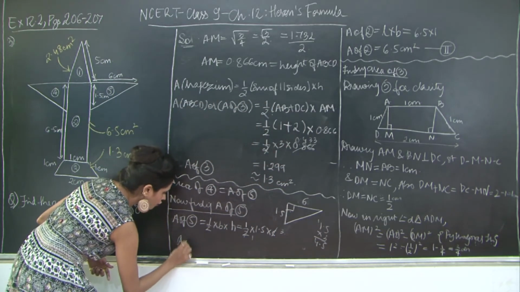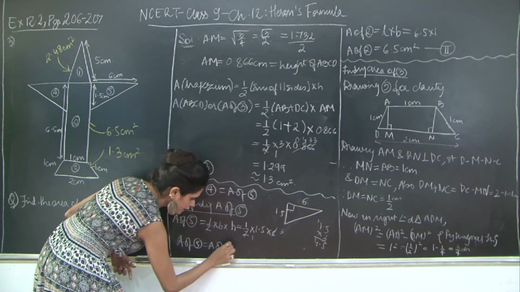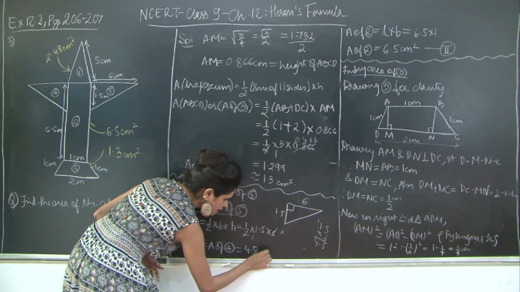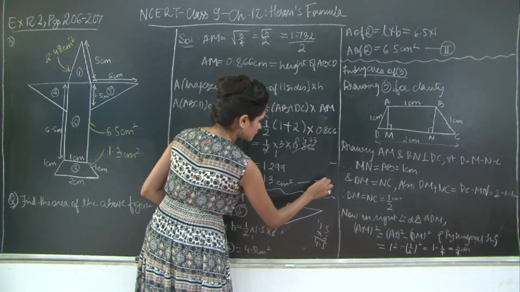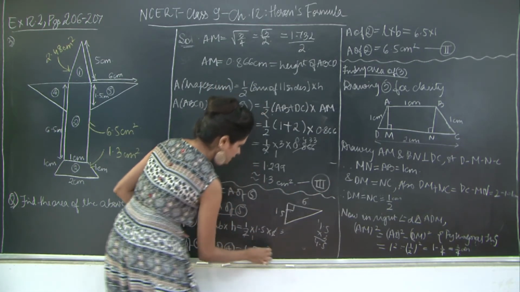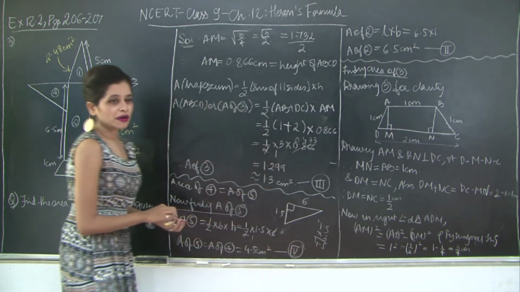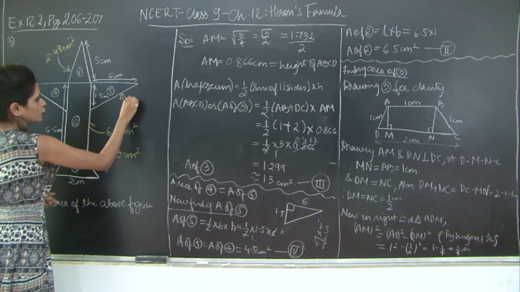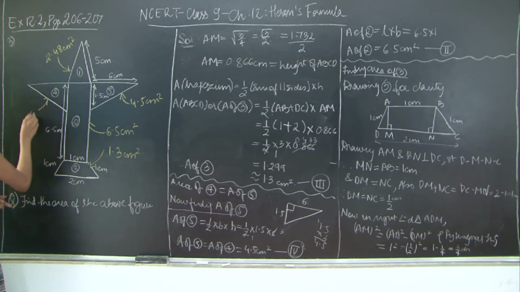So area of 5 is equal to area of 4, which is equal to 4.5 centimeter square. Let's mark this as 5 and this as 4. Also, let's mark the areas on the diagram. So this is going to be 4.5 centimeter square and this is also going to be 4.5 centimeter square.